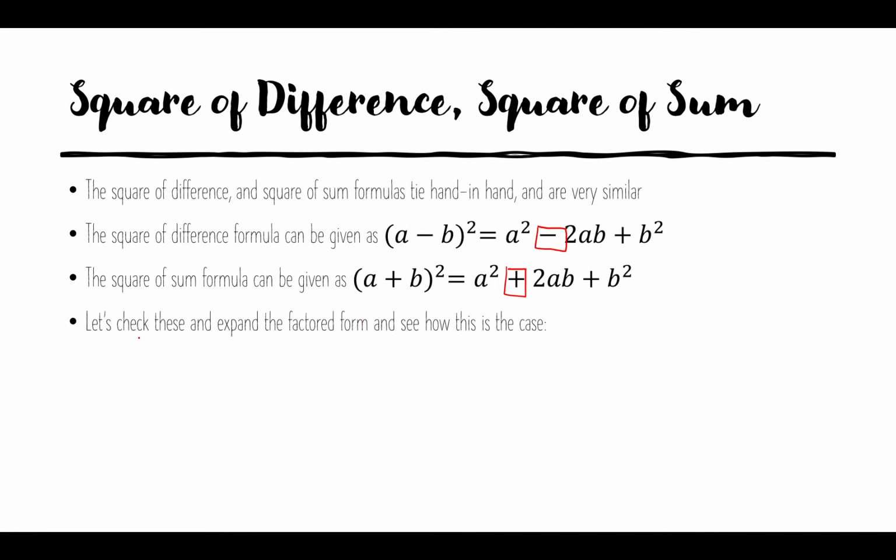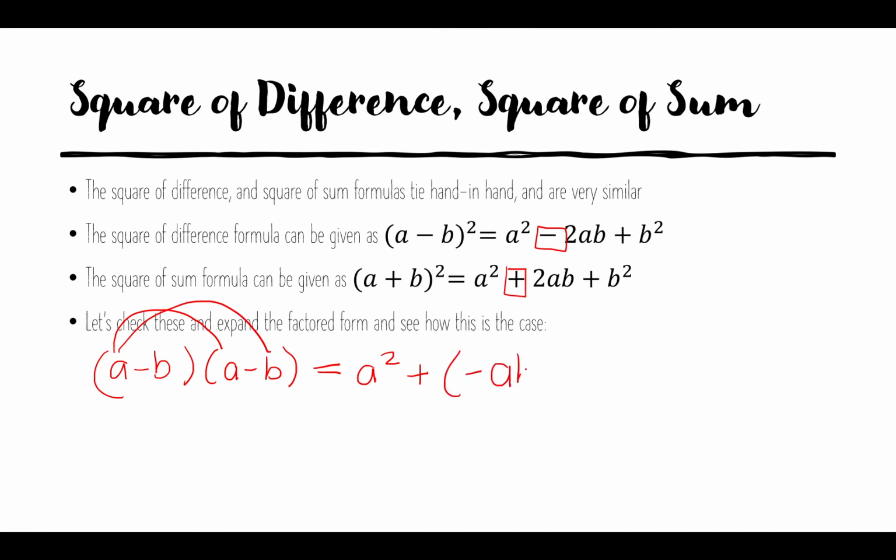Let us start with the square of difference formula. In the square of difference formula, we will get a minus b times a minus b. And let's FOIL this out. So we will get a times a, which is a squared, plus a times negative b, which is negative ab, plus negative b times a, which is negative ab, plus negative b times negative b, which is b squared.